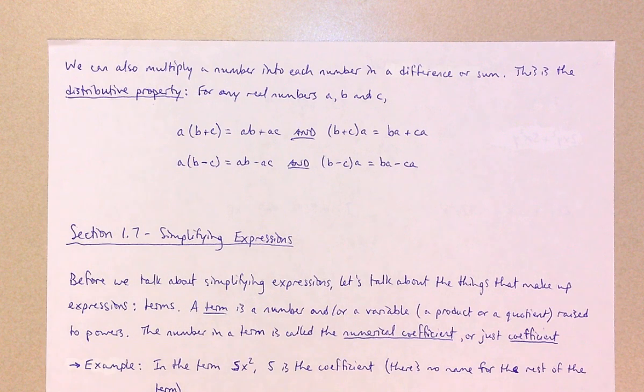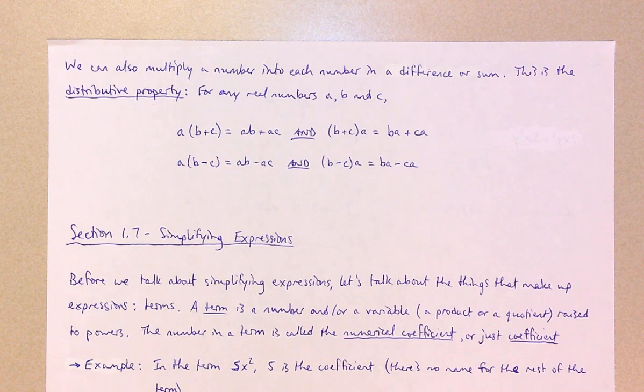And the last property that I want to talk about in this video, and perhaps one of the most heavily used, is if we want to multiply a number into each number in a difference or sum, we can do that. And this property that lets us do that is called the distributive property.